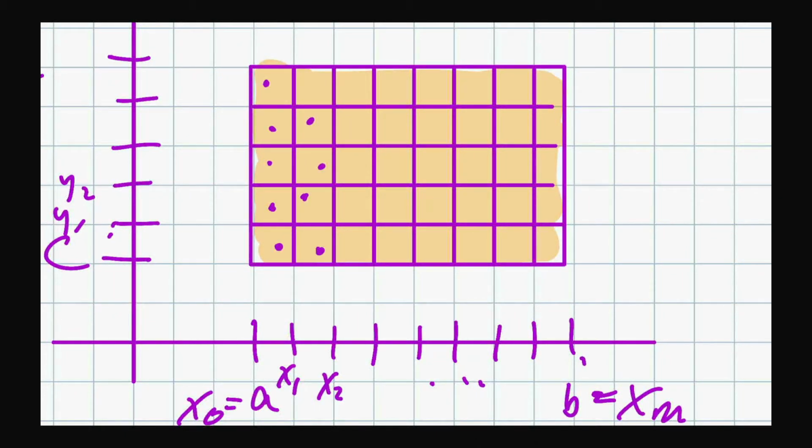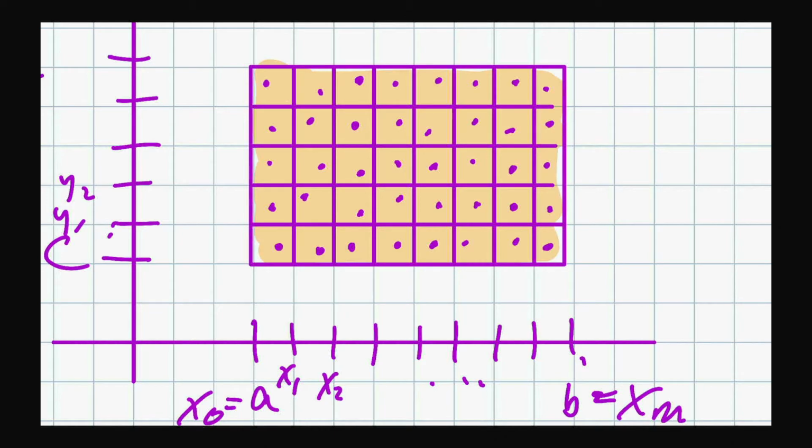They don't have to be in the middle. They could be in the middle, but they don't have to be. Probably didn't need to do this many, but we did. Okay. So we choose one point in each one here.